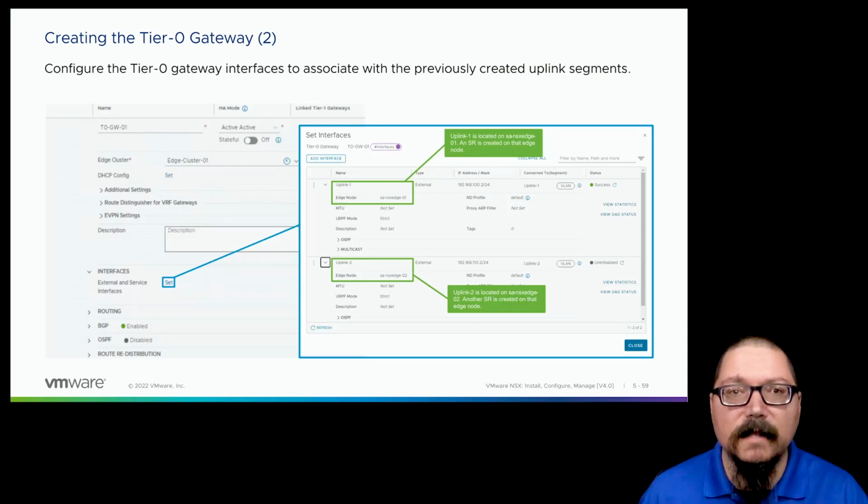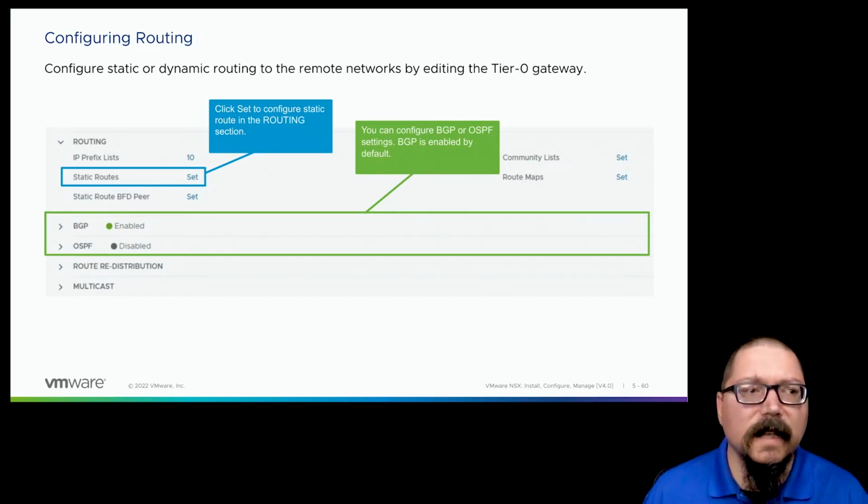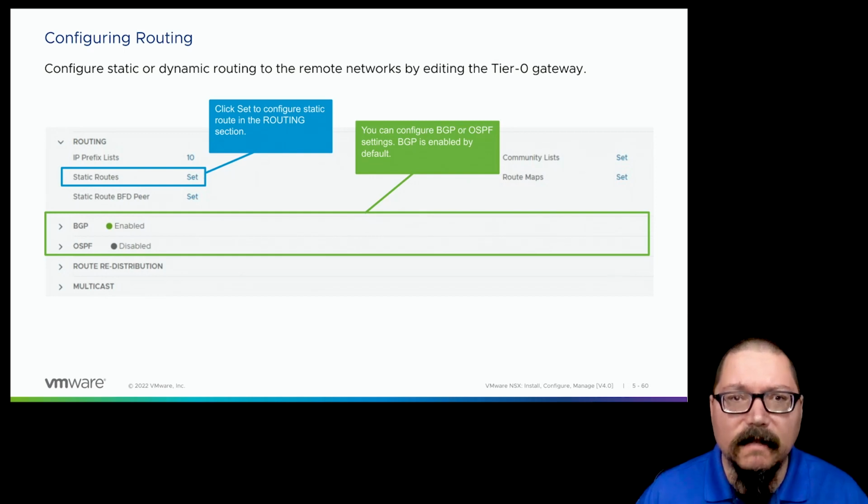So I will build as many uplink interfaces as is necessary for my deployment, and I can go ahead and close this configuration dialog. Once that's done, I'll have to configure routing. Now, we'll talk about routing specifically in the next video. Here, all we're saying is I have to configure routing, whether it's static routing or dynamic routing through BGP or OSPF.